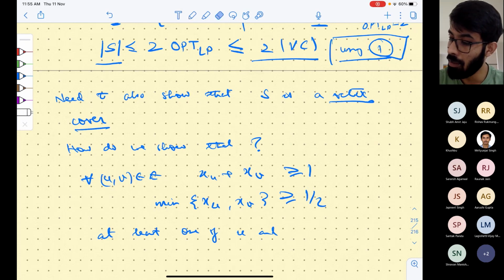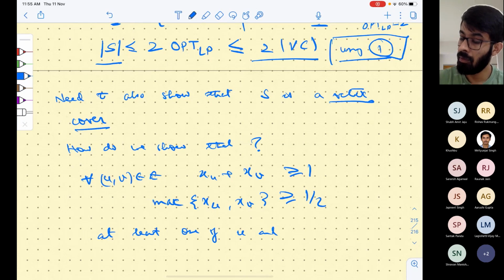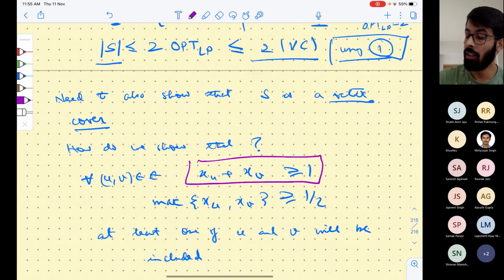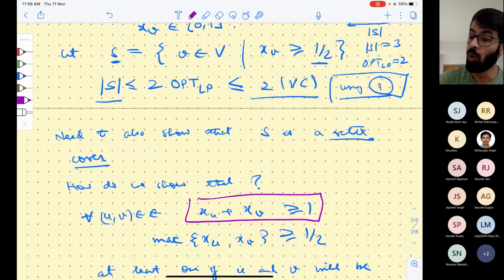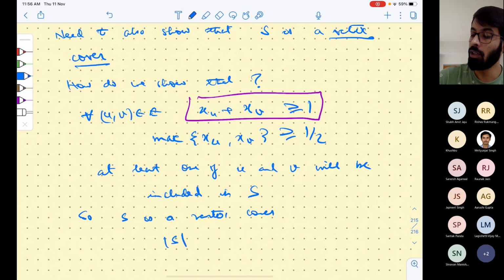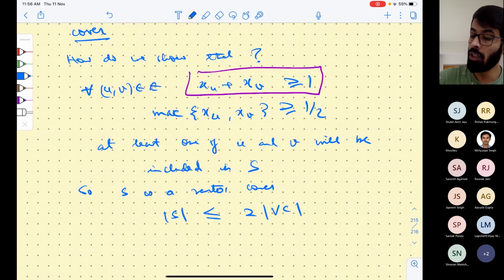Basically, since this constraint is satisfied by a solution of LP1, at least one of XU and XV will be at least half, and that will be included in S. So S is a vertex cover, and the size of S is less than or equal to twice the size of the vertex cover. So this is a 2 approximation algorithm.